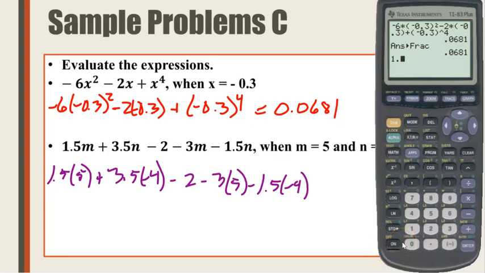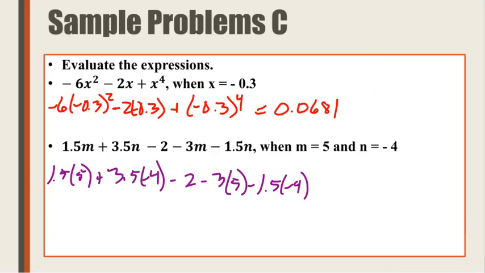So we got 1.5 times 5 plus 3.5 times negative 4, minus 2 minus 3 times 5, minus 1.5 times negative 4. That's going to give us a negative 17.5.